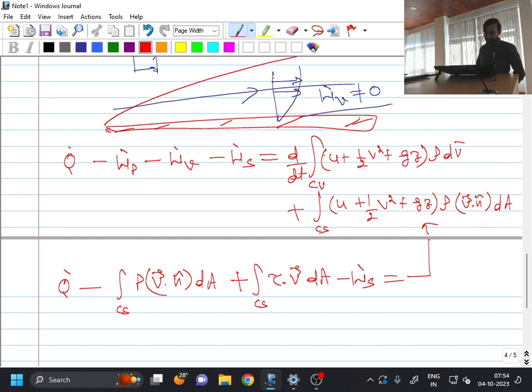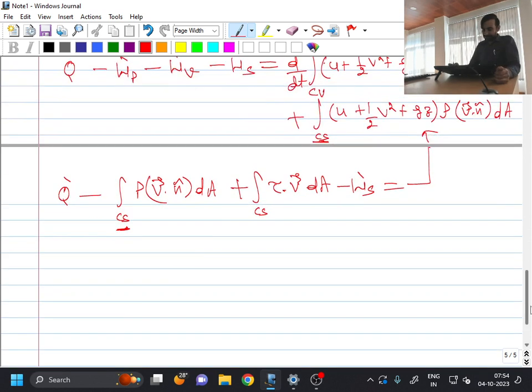Now what will be happening? On the right hand side I have an integral over the control surface, and here also I have an integral over the control surface, so I can club these two integrals together into a single one.